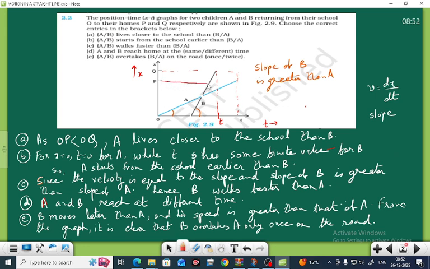Draw a perpendicular, and A reaches at this time T1, right? And if we draw for Q, that for B, then he reaches at this time T2. So the times T1 and T2 are different, so they reach at different points of time.